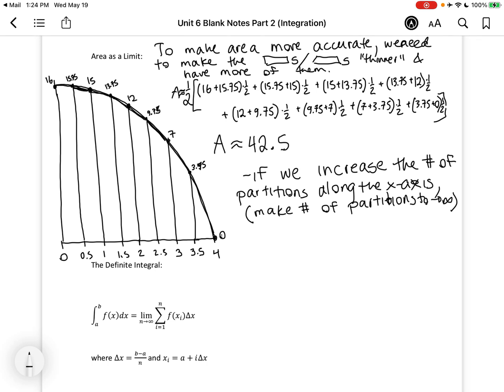The width is going to get really thin, paper thin, even thinner than paper. Right? It'll be a tiny sliver. And the approximate area will actually be the real area.